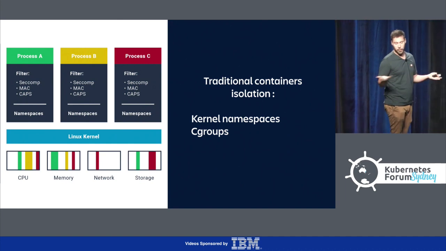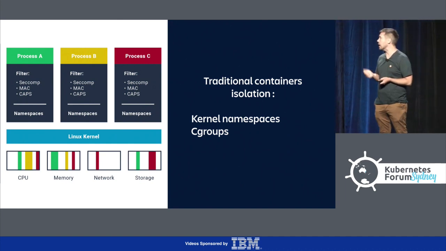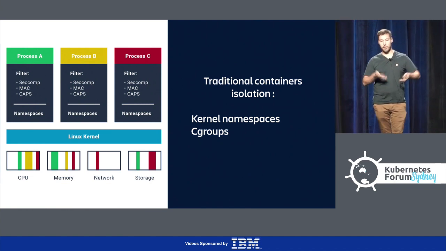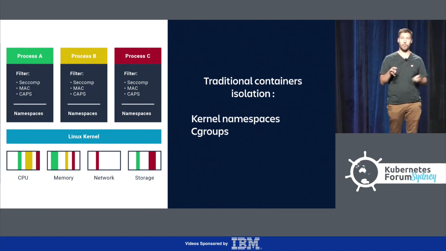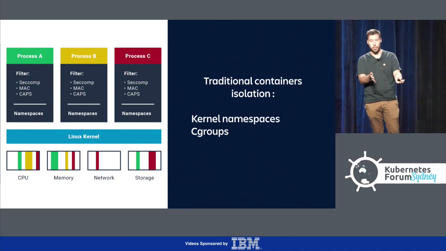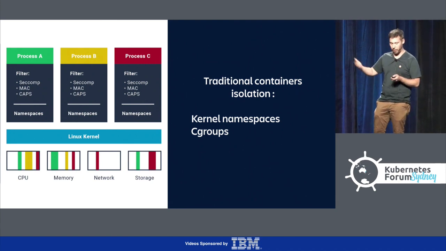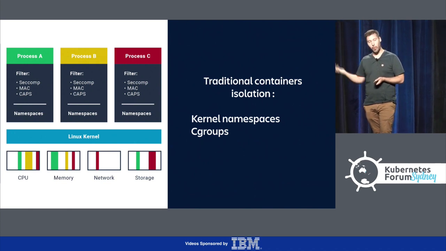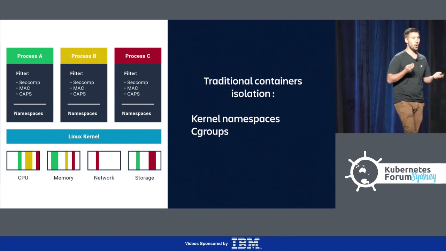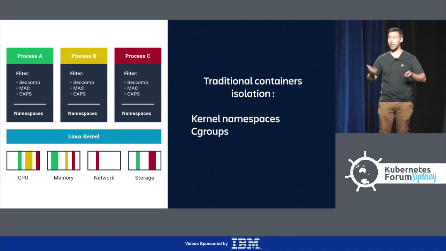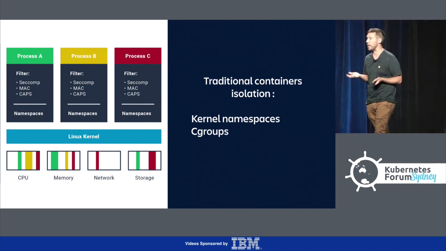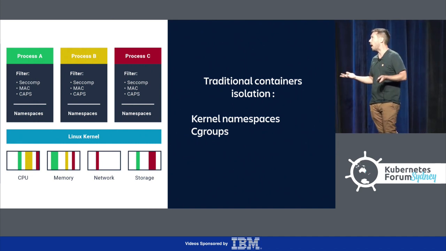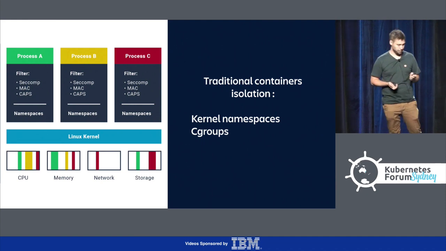So here I have 3 containers, processes A, B, and C, with their own kernel namespaces, and then I have cgroups, obviously, that's going to control what resources they can access. You can limit the CPU or the memory, for instance, and a bunch of other things. But the critical part here is those processes actually share the same kernel. So when you talk about securing those processes, the worst that could happen is having a container breakout. It's pretty rare, but it could potentially happen.